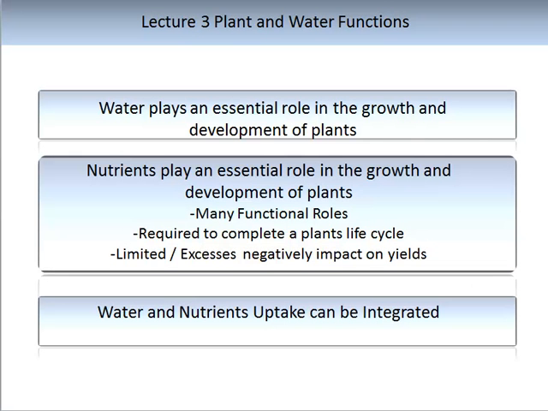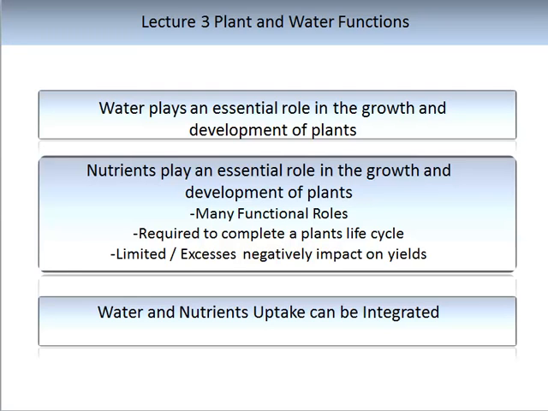In Lecture 2, Part 1, we explored the role of water and why it was important for a plant to not only efficiently take up this solute, but also that it needs to be selective in this uptake. Well, it is no surprise to you that nutrients also play a critical role in many of the plant's functional roles, which impact on all aspects of plant growth and development.